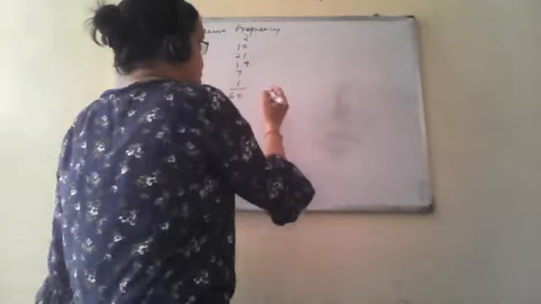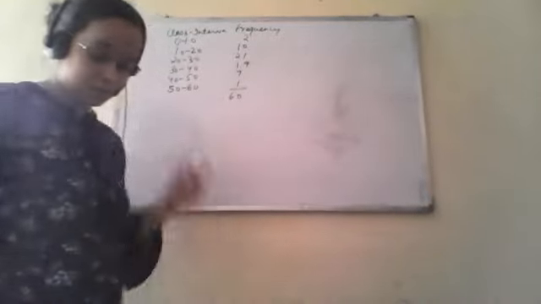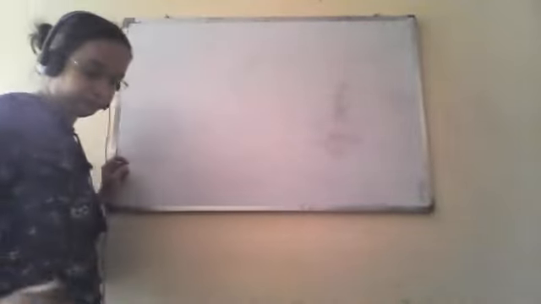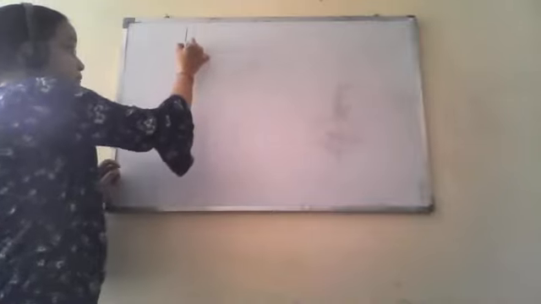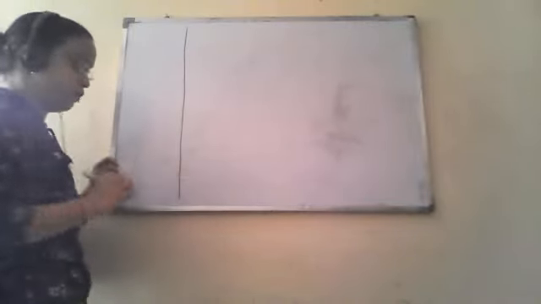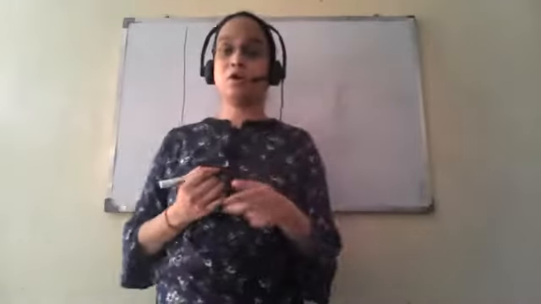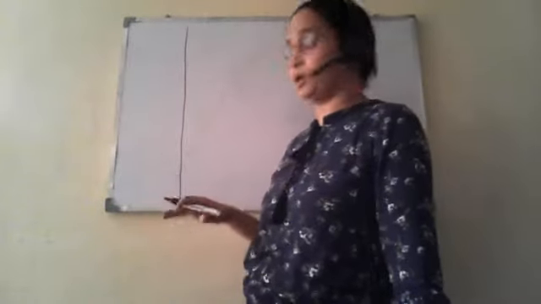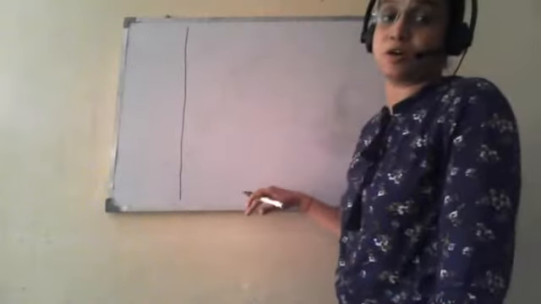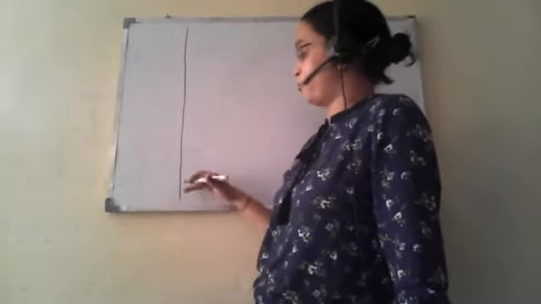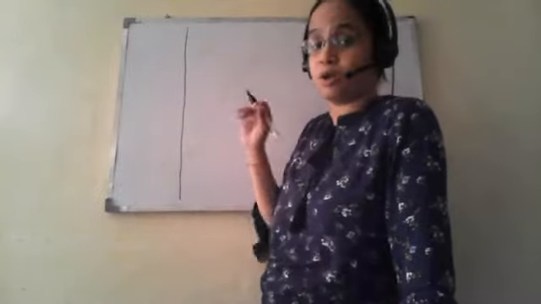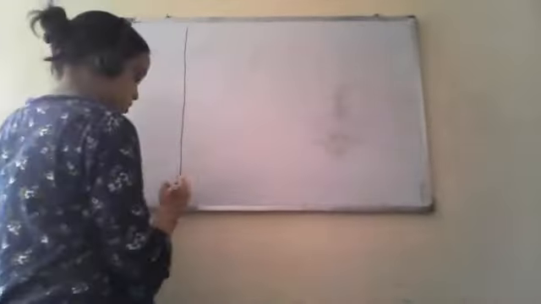Why are marks taken on the x-axis? Because these are groups of marks, where a range is given like 0 to 10, 10 to 20. Here we can take these ranges, or the group form. On the y-axis we cannot take marks because we cannot plot 0 to 10 or 10 to 20 on the y-axis.